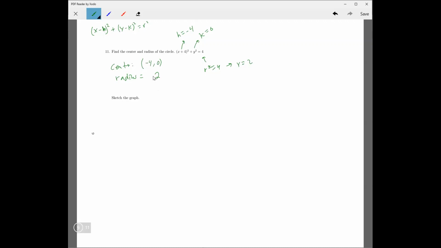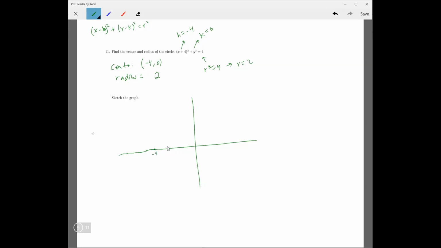And then sketching the graph, you come over to where the center is. It's -4, 0. So here's -4. Wait. Oops. -4 is the x component of the center, which is right here. Okay, then you can go the radius in all directions.